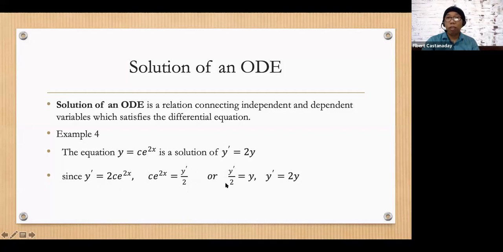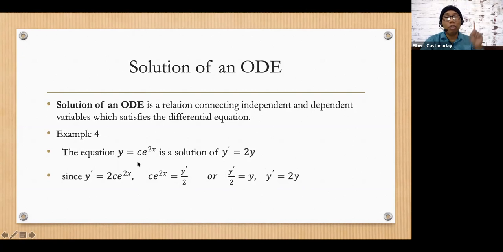Then there is no more arbitrary constant; we were able to eliminate it. That is our differential equation. So y prime over 2 equals y. Multiplying both sides by 2 gives y prime equals 2y. This is the differential equation of the given solution.